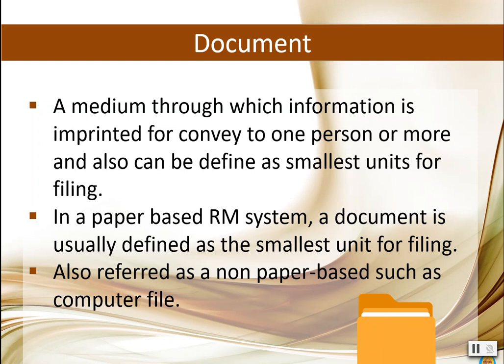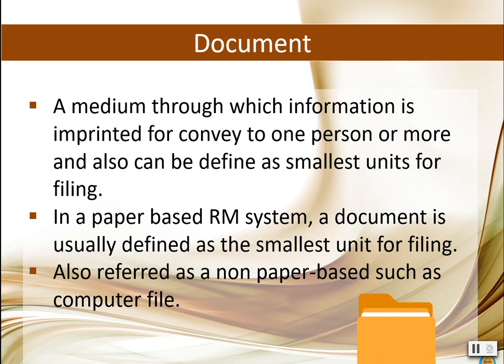In a paper-based records management system, a document is usually defined as the smallest unit for filing. This is also referred to in non-paper-based form, such as a computer file.